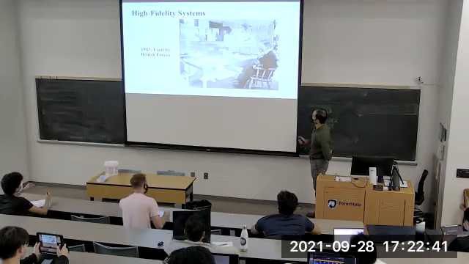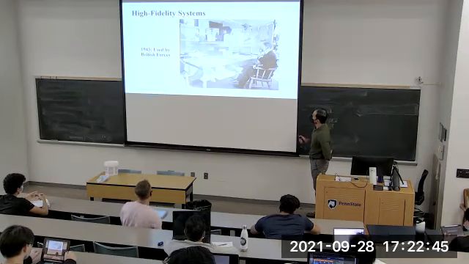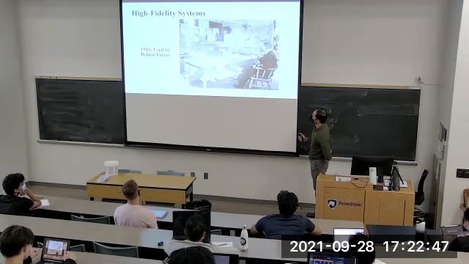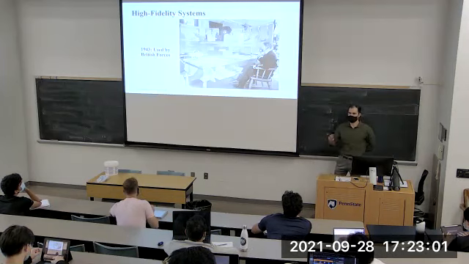As you can see, it's a bit difficult to see, but here is a small airplane-like simulator where the pilot is sitting. The airplane is surrounded with a physical mock-up of the environment, like clouds and things like that.